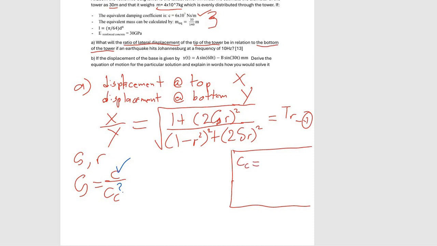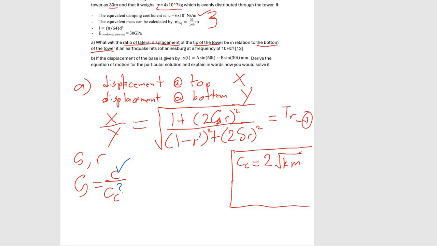So the formula for the critical damping coefficient is given as 2 root of K times M, okay? Where K is the stiffness, right? As well as M is the mass of the system, okay?